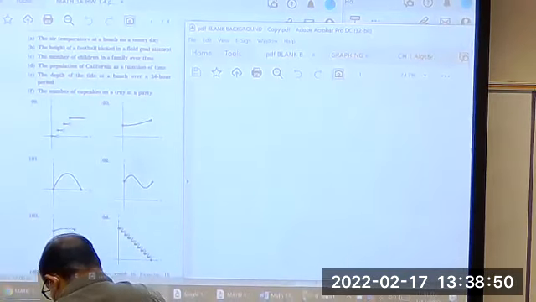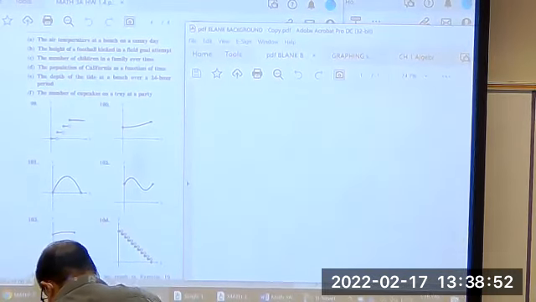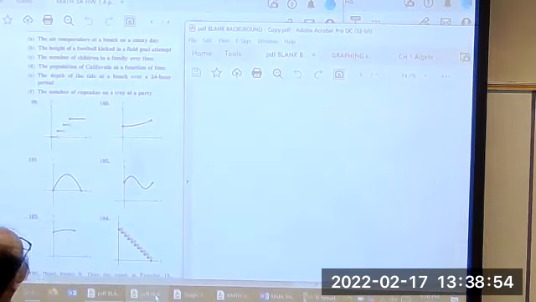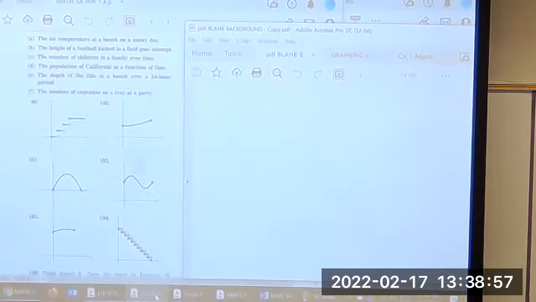So they're not actually giving you the equation of a function. They're describing situations. So which of these would be a graph of the situation?